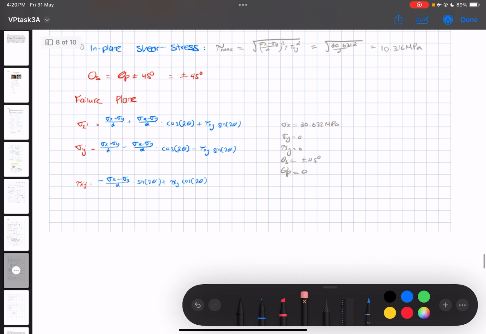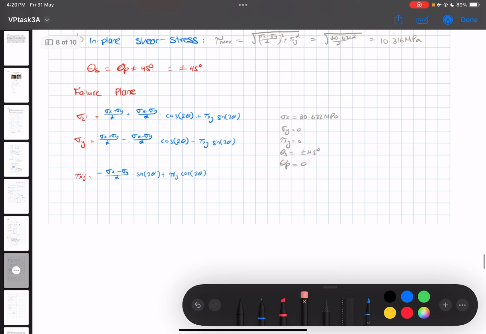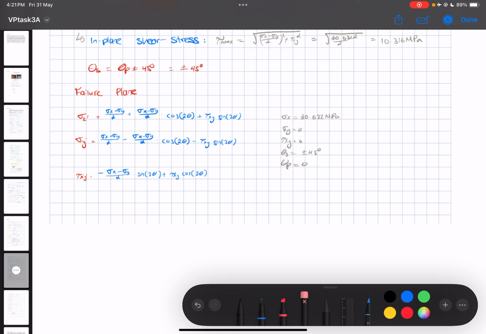And then I went on to calculate my failure planes. So the sigma x dash, sigma y dash, and tau x dash y dash, taking all of these values to be from the second case.